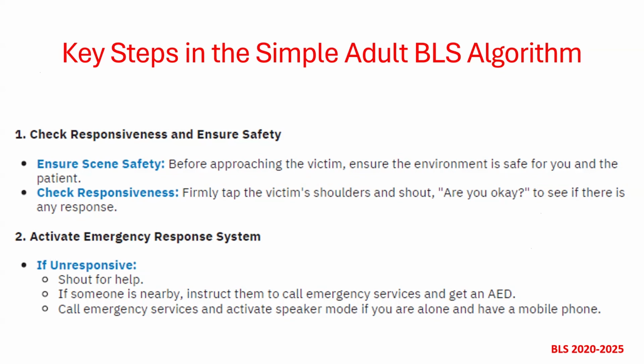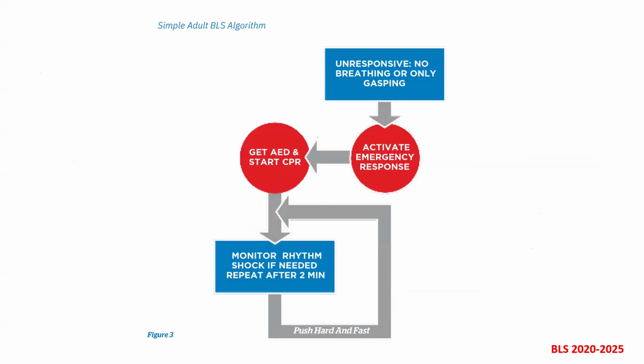Second one is to activate the emergency response system. If unresponsive, shout for help. If someone is nearby, ask them to call emergency services and get an AED. Call emergency services and activate speaker mode if you're alone and have a mobile phone. Since most of us have a mobile phone, that can be done easily and simultaneously. So these are all the steps. Unresponsive, no breathing, or only gasping. Gasping is not counted as breathing, so that's also unresponsive.